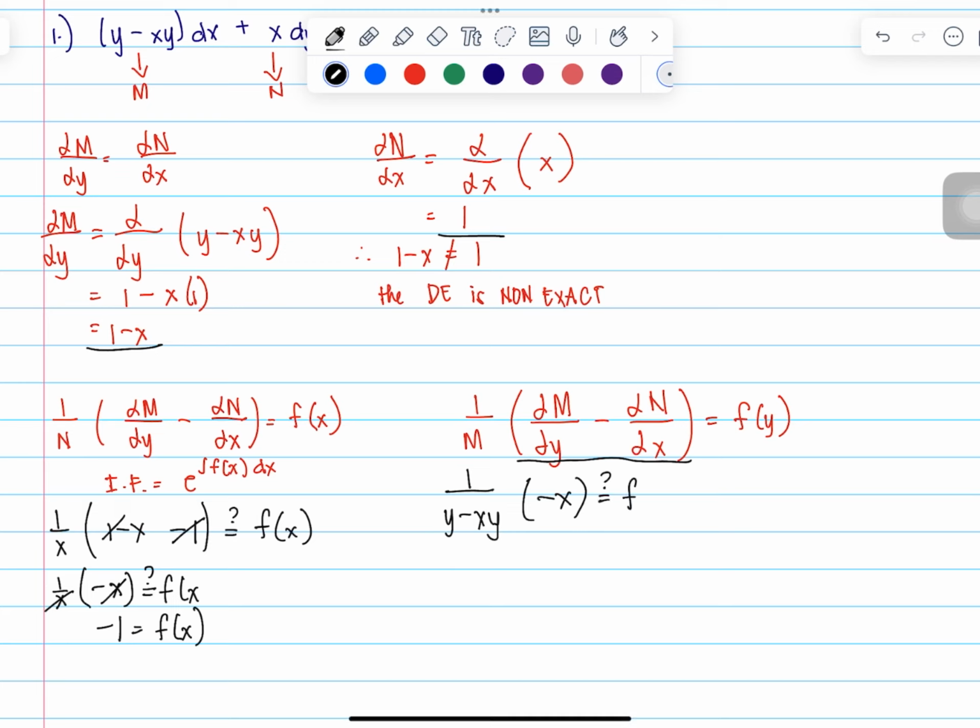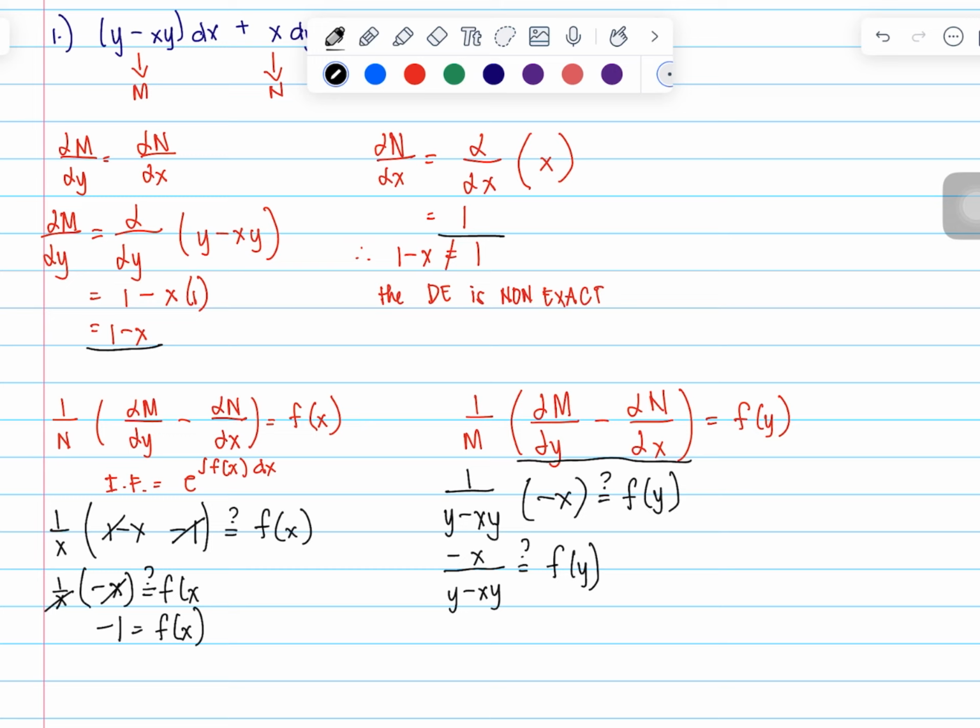Is that equal to a function in terms of y or a constant? Okay, so that should be equal to negative x over 1 minus xy. So is that a function in terms of y only?